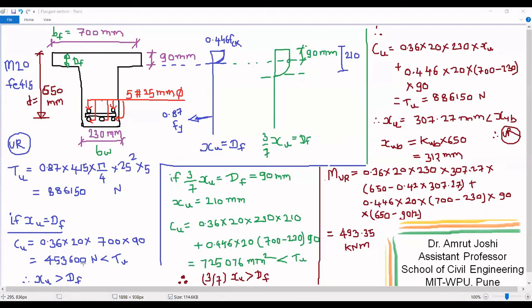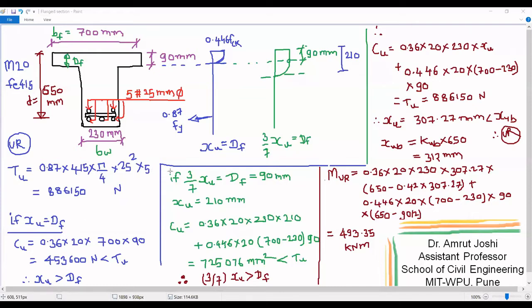In that case, our conclusion would have been xu is less than Df. But in this case, as the value of Cu is less than the value of Tu, you would require the neutral axis to be at a lower level so that the area on the compression side increases. Therefore, xu must be greater than Df.